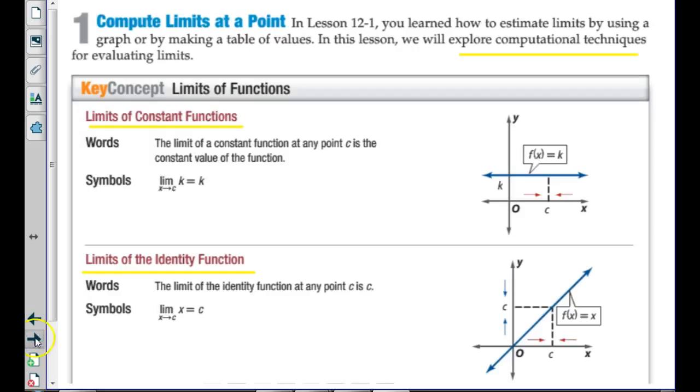All right, these are just some basic things you'll go over next year, but a constant, if you just said y equals 6, obviously the limit everywhere is 6.